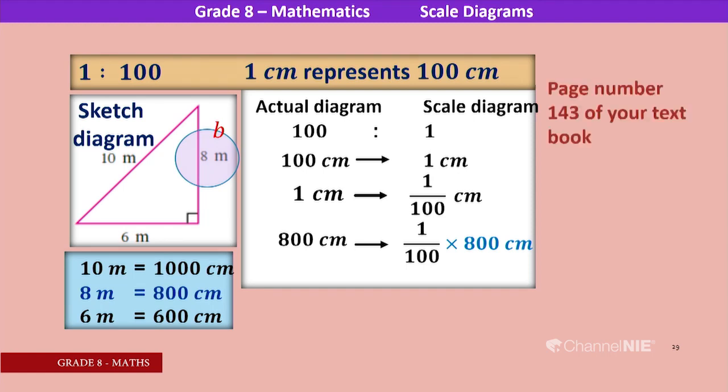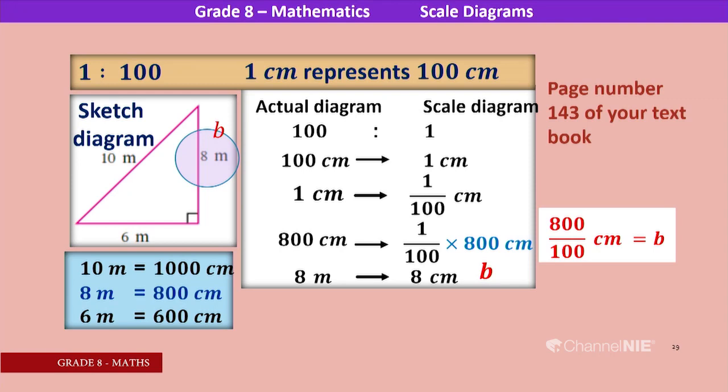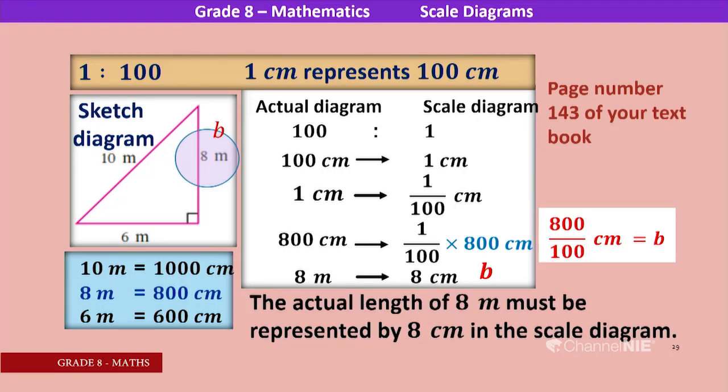Then page number 143 of your textbook, you can see this one. After converting, 800 centimeter means 8 meter, 8 centimeter. Now you can draw this line as 8 centimeter. The actual length of 8 meter must be represented by 8 centimeter in the scale diagram.